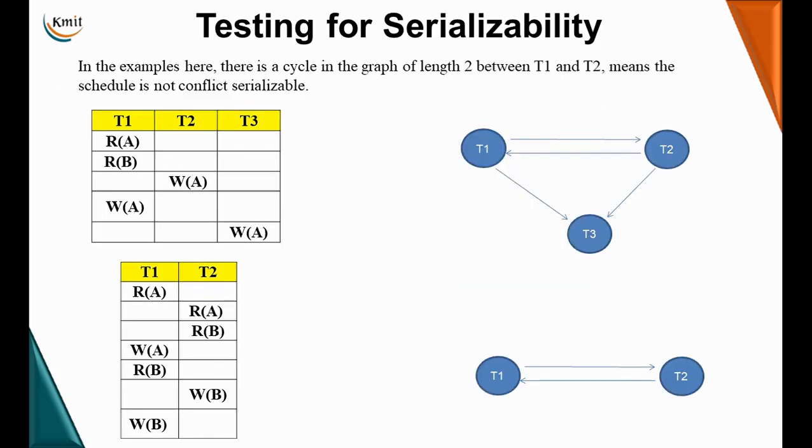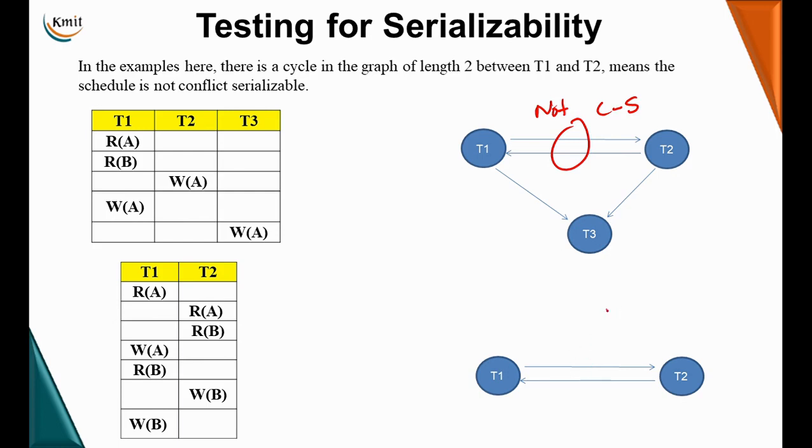Testing for serializability, we'll just try to see this example. In the examples here, whatever we discussed earlier, we have drawn it there, but once again I'm just going to tell you through this. We see that there is a cycle here between T1 and T2, which says that it is not a conflict serializable schedule.